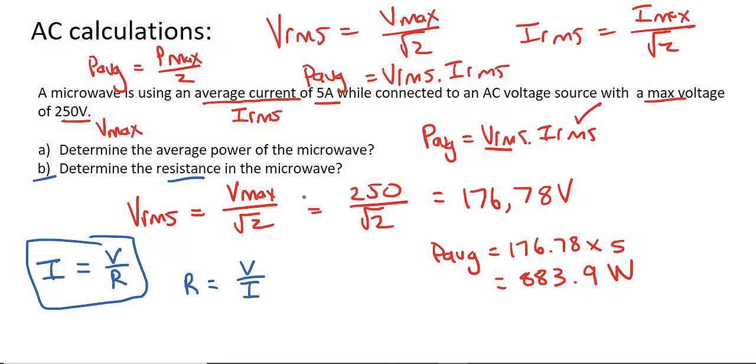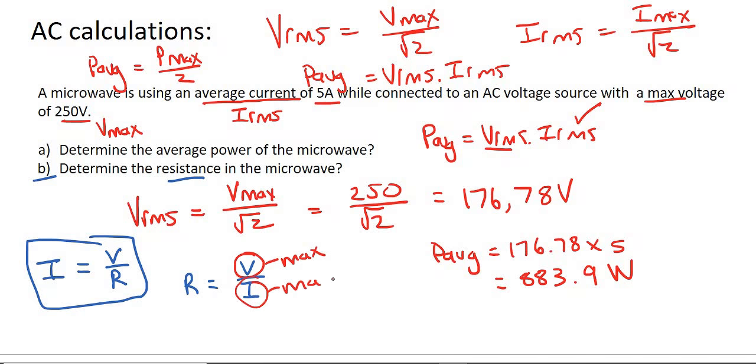So what I mean by that is the following. If you choose V maximum, then you must also choose I maximum. If you choose V RMS, then you should also choose I RMS. You will get the same value. So I'm going to use the RMS values.